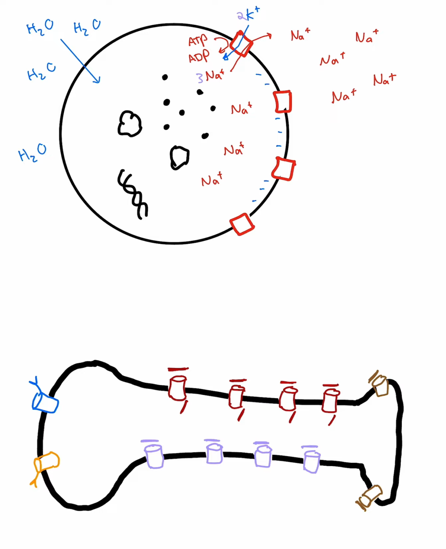And due to the activity of what are called sodium-potassium pumps, using ATP to pump 3 sodium out and 2 potassium in, it establishes that negative membrane potential, and it establishes it at around -70 to -90 millivolts.